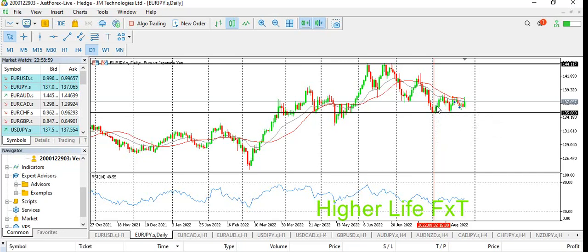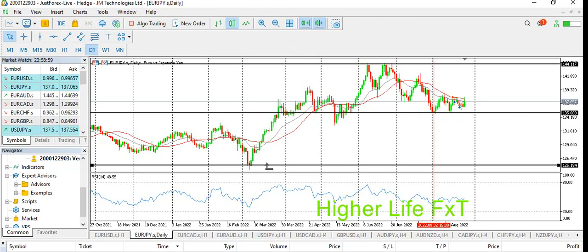It failed to break, went back up, tried to come down again to test or break, and failed once again and went back up. Even in the past day, Friday, it was rejected from this area. So guys, I believe you understand support and resistance. Just to add, another major support area is here.